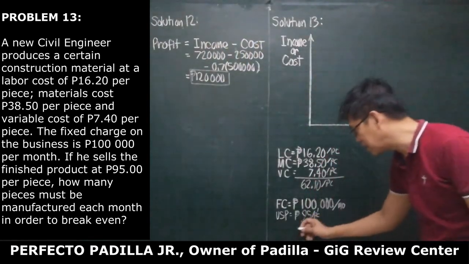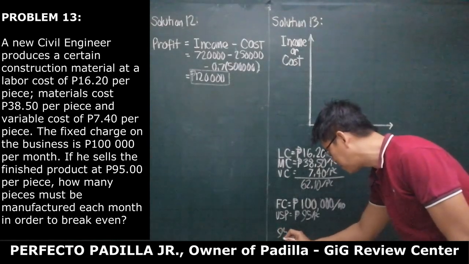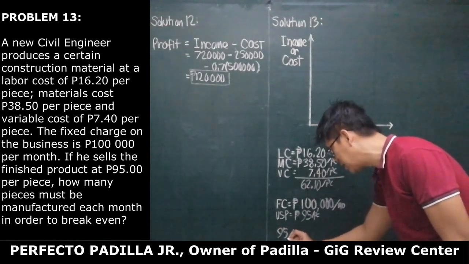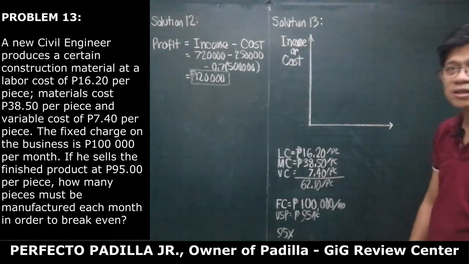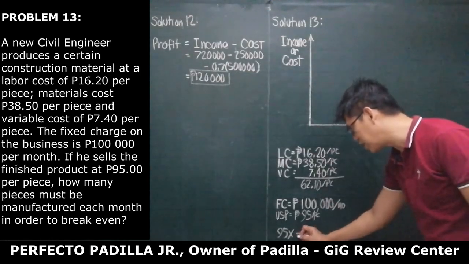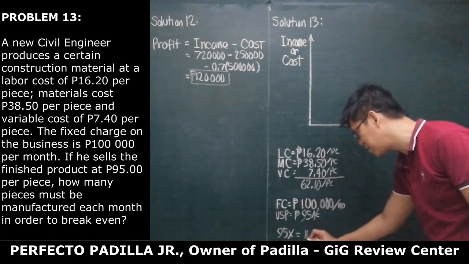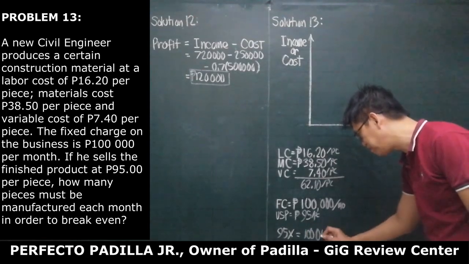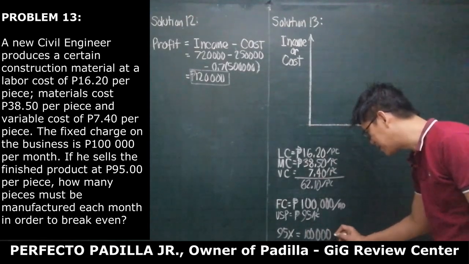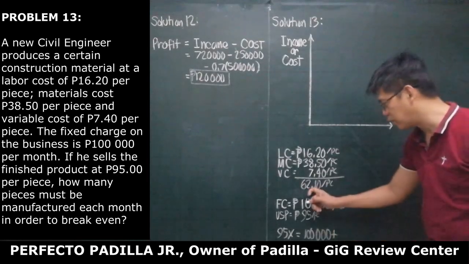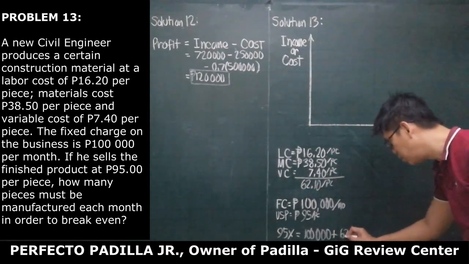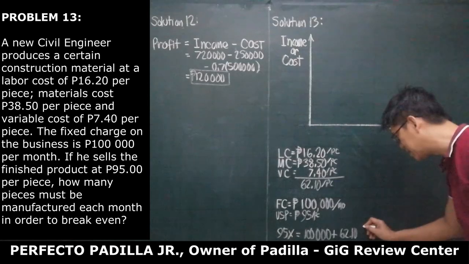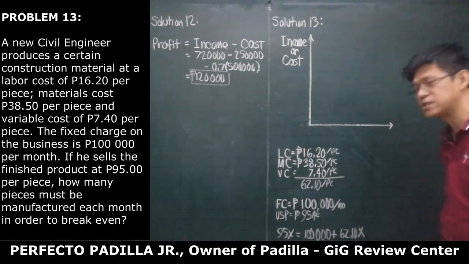Yung income natin is 95 pesos per piece times X pieces. Yung cost natin is the fixed cost, 100,000 plus yung variable cost, 62.10 per piece times X pieces.